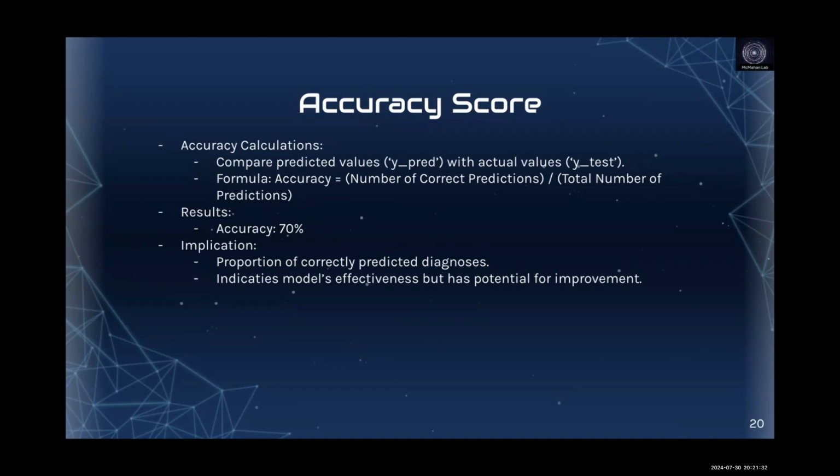Our model achieved an accuracy of 70%, indicating that it correctly predicted the diagnosis 70% of the time. This accuracy score reflects the proportion of correctly identified diagnoses relative to the total number of predictions made. While this result demonstrates the model's effectiveness in making accurate predictions, there is room for improvement.